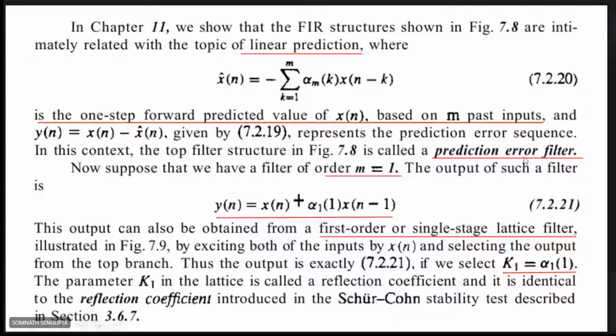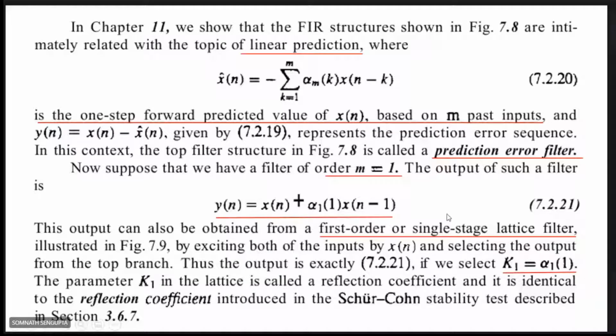Now coming to the lattice structure basics. It starts by considering m equal to 1, that means the filter order goes up to alpha 1.